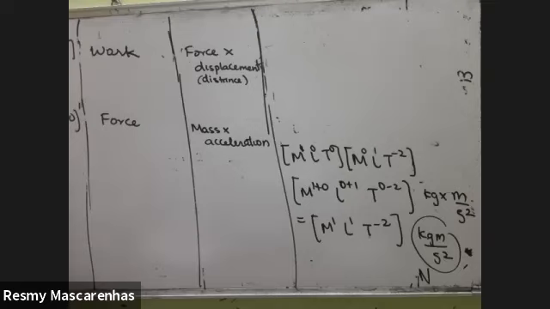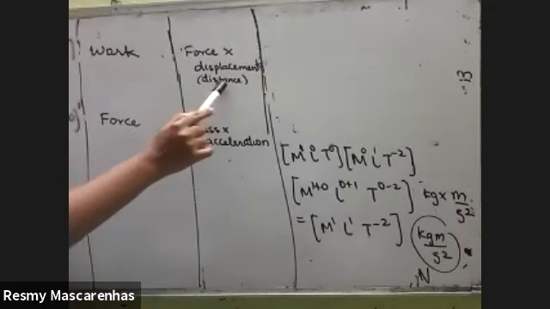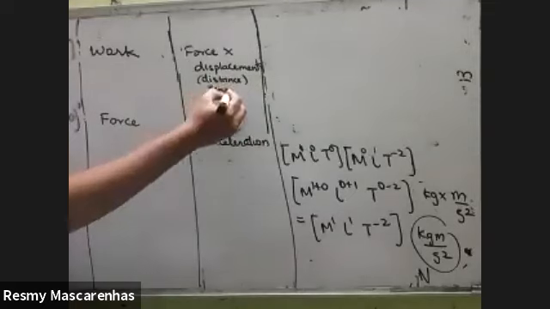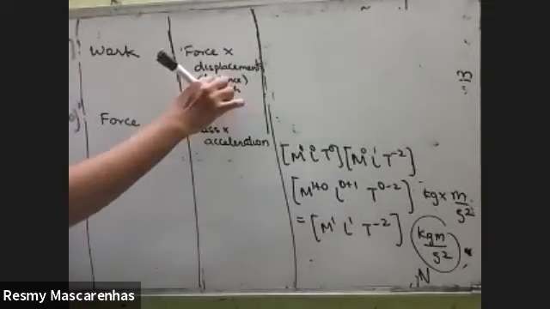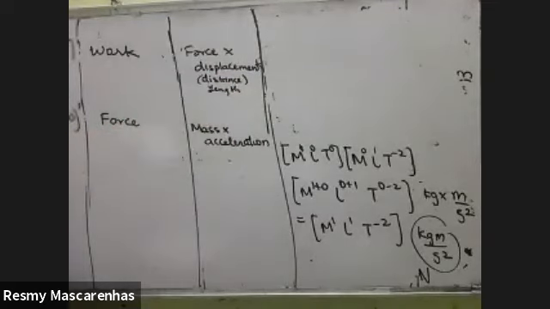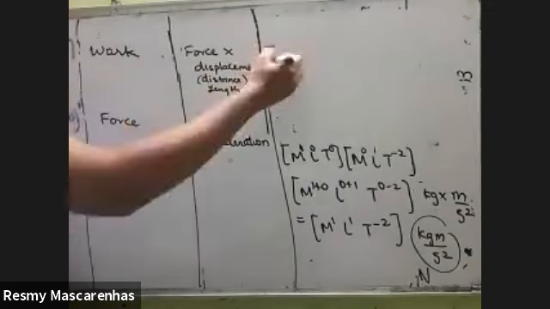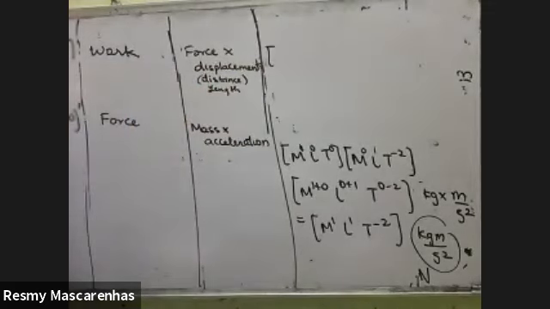What is force? Put the dimensions for force, and distance means your length. Distance, displacement, length means same. So that will be your first one. Length means only L will be 1, rest will be 0. So calculate, and someone can tell me the answer.